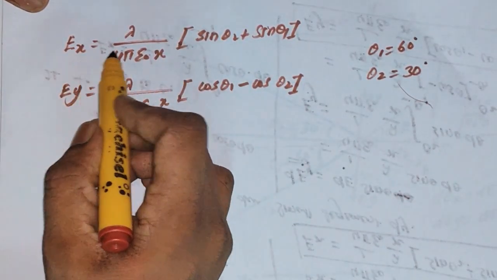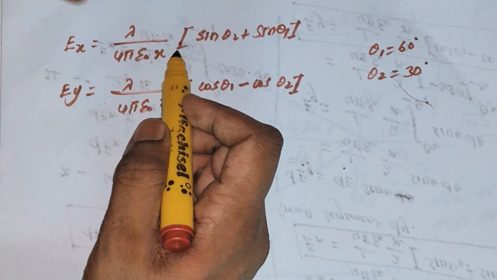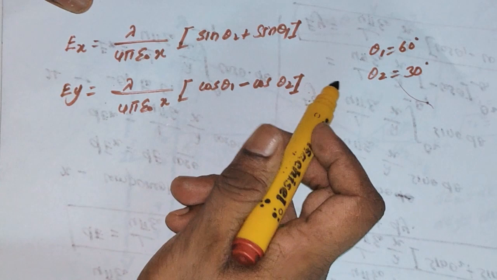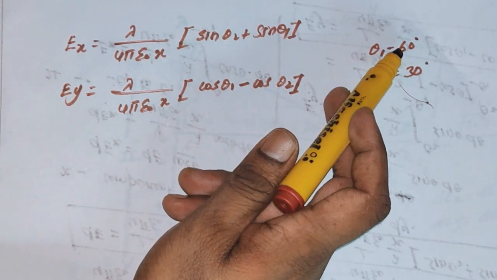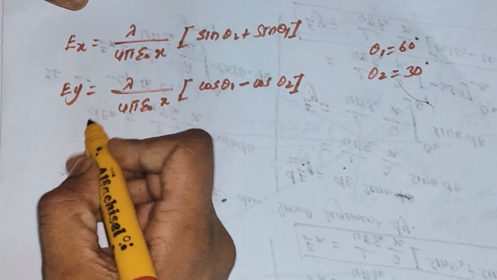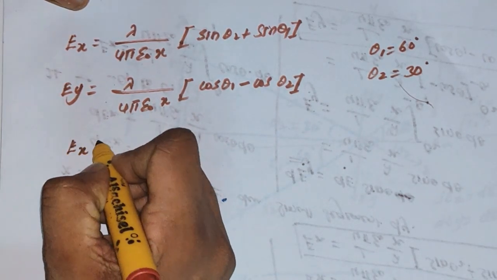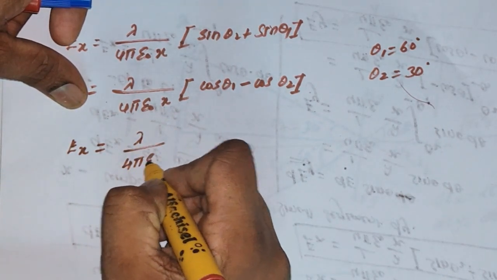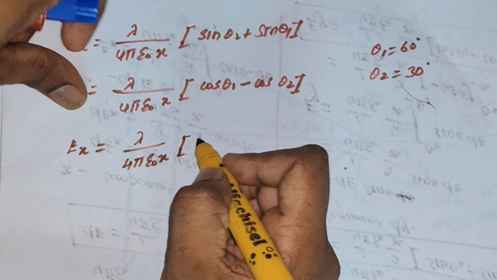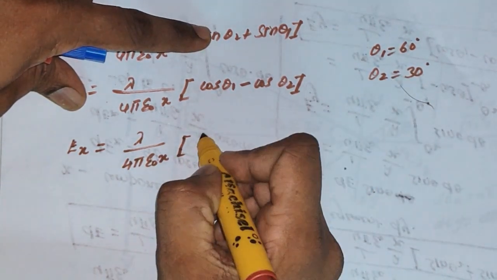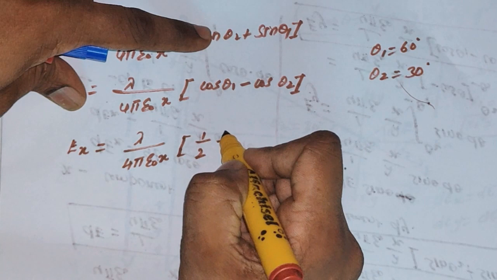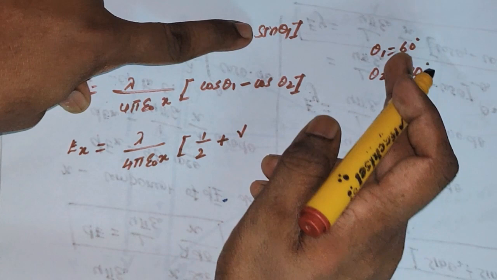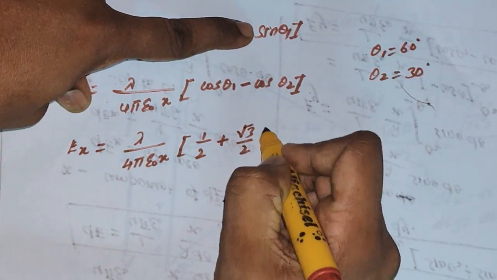So we have the x component of the electric field, lambda divided by 4 pi epsilon naught x, times sin theta 2 plus sin theta 1. The y component is cos theta 1 minus cos theta 2. We know from the diagram that theta 1 is 60 degrees and theta 2 is 30 degrees. So the x component of the electric field is lambda divided by 4 pi epsilon naught x, times sin 30, which is 1 by 2, plus sin 60, which is root 3 by 2.